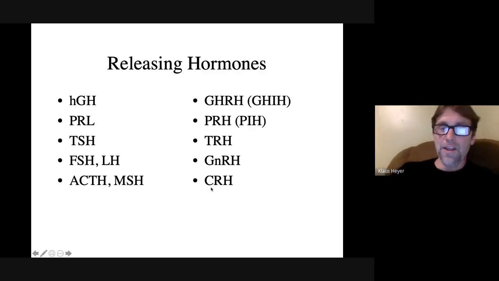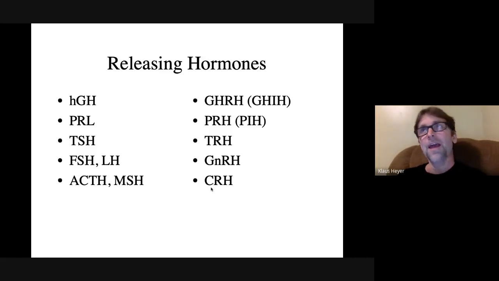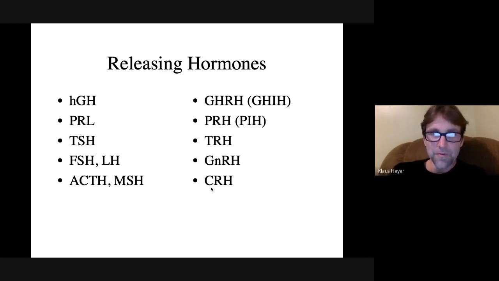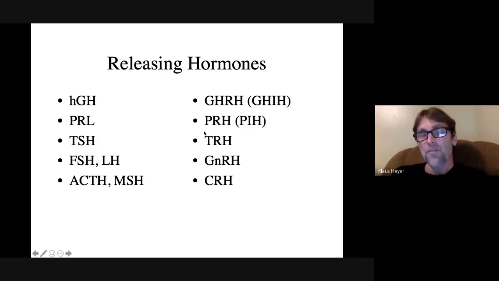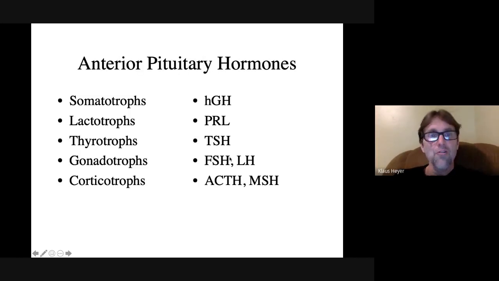And then CRH, corticotropin releasing hormone. Again, letters are fine. With almost all the hormones, they use just the abbreviations, which is perfectly acceptable. So these releasing hormones from the hypothalamus go to these cells and cause these cells to make these hormones.